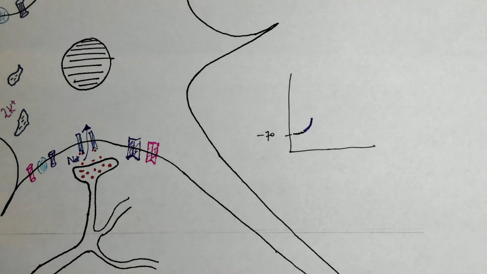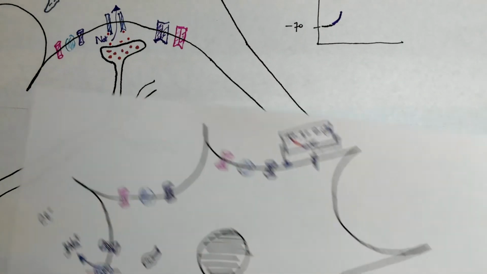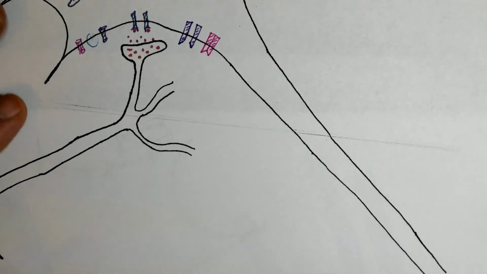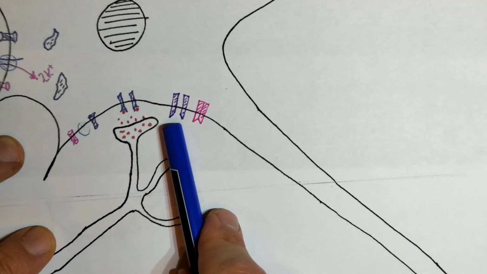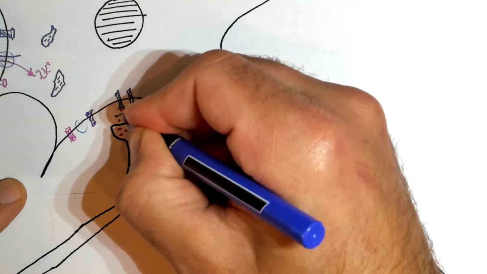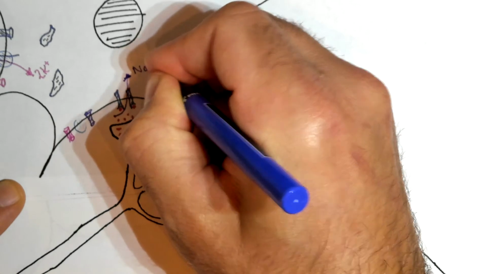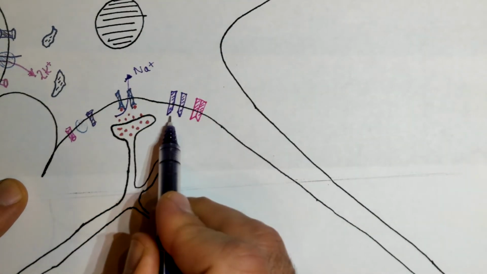So the next picture would have that sodium channel opening up so that it would look like this, right? So we've got the sodium going into that ligand-gated channel, and notice what's going to happen next.